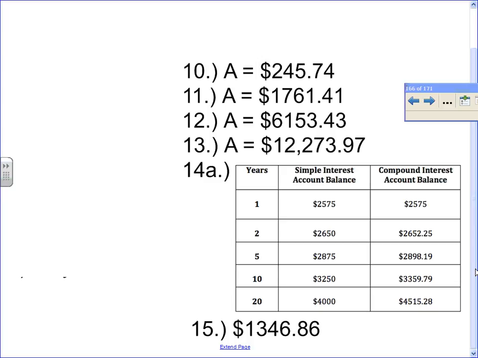Okay, for 15, your setup should be 1,000, and then in parentheses, you have your work, 1 plus 0.06 over 4. You forgot about the over 4 because you had to use this formula that they gave you.